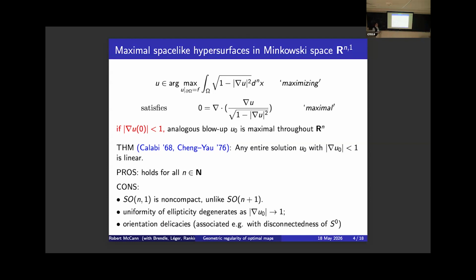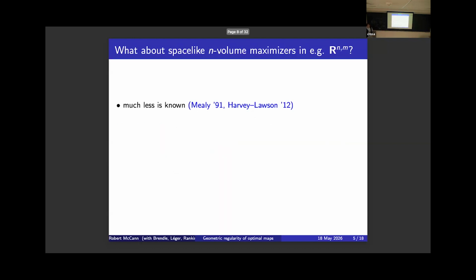So there's less compactness built into this problem than when you have a Riemannian background metric. And then there are also some orientation delicacies associated with the fact that you have future and past. So you can also wonder, like Federer and Almgren's, about whether there are analogs of Federer and Almgren's results in this Lorentzian background setting for higher codimension. And it turns out that a lot less is known.